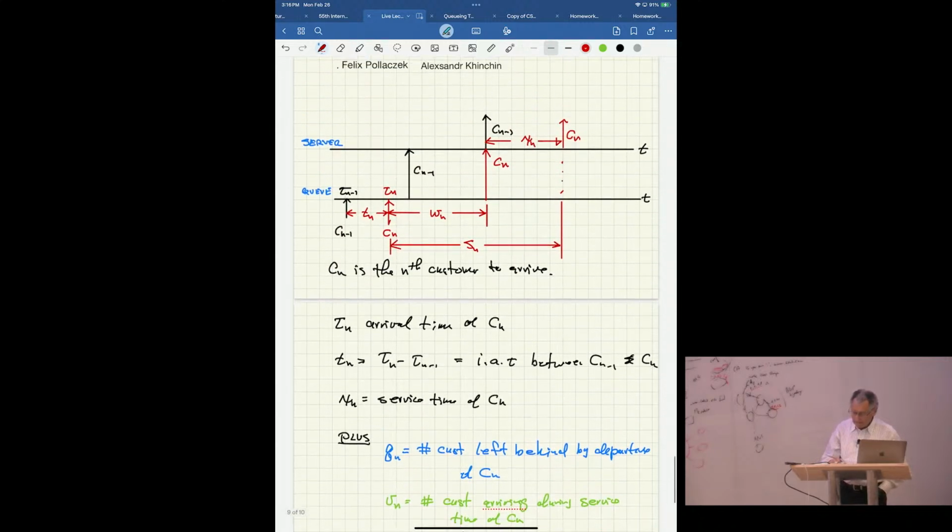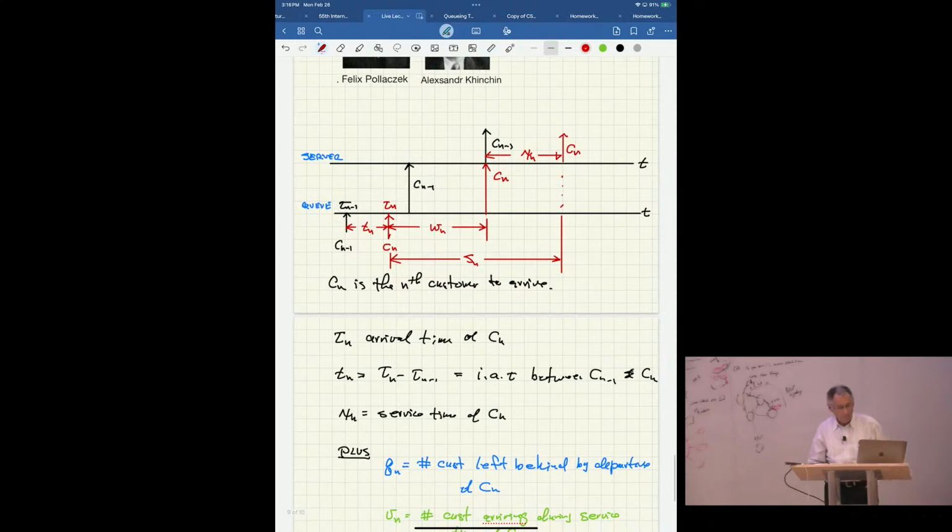Okay. And let's assume the next customer that comes in, I'll put this guy in black now. Suppose the next customer comes in here. That's customer Cn plus 1.